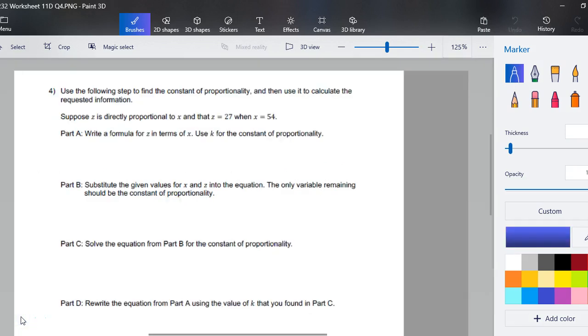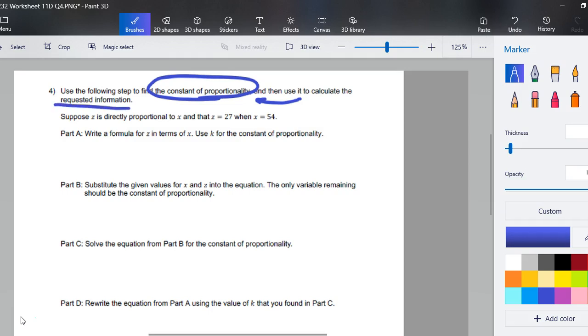Make sure you hit pause and work through these steps by yourself. The one on my screen is a little blurry, so make sure you have your printout and you're writing on it, and that's what you'll upload for this week's assignments. Use the following steps to find the constant of proportionality, and then use it to calculate the requested information.